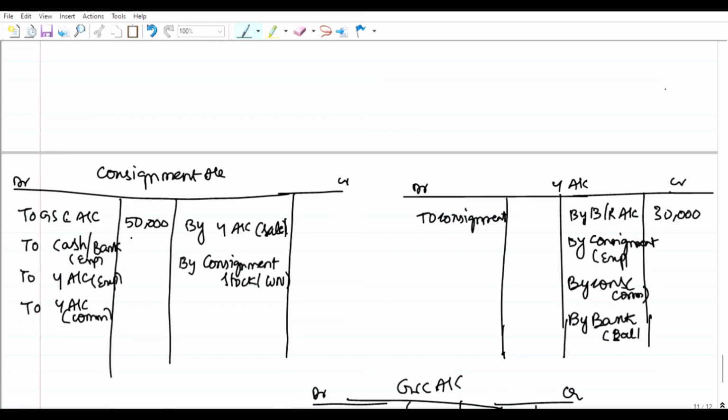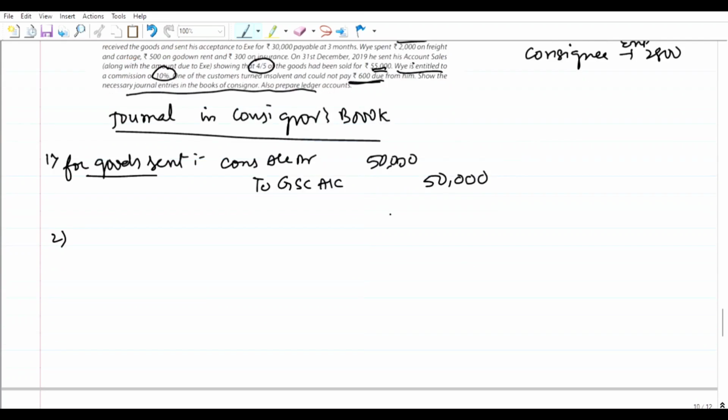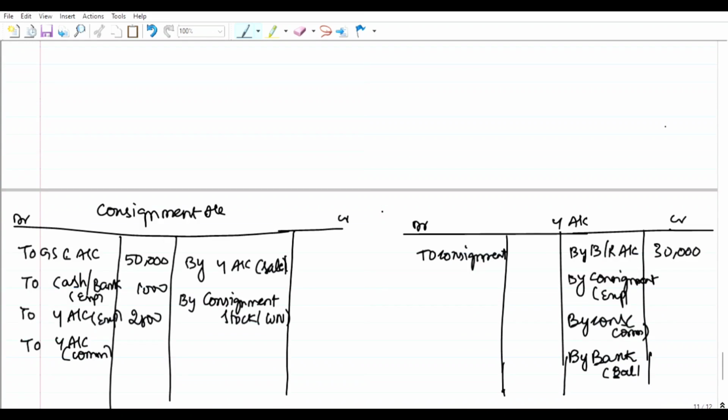That means the sale value is 55,000 rupees. So we can write the same thing here, 55,000 rupees. And now the expenses incurred by consignee is 2,800.